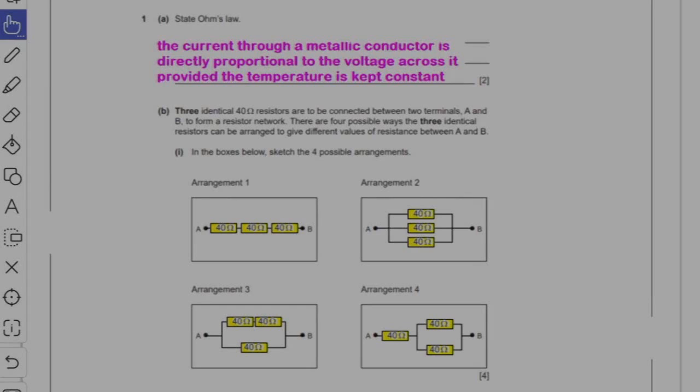So we have the idea of a series combination in parallel with one of the other ones, or we have a parallel combination in series with the other one. So this combo here is going to give us the highest resistance, this combo here is going to give us the lowest resistance, and these 2 are going to give us somewhere in between those 2 values.